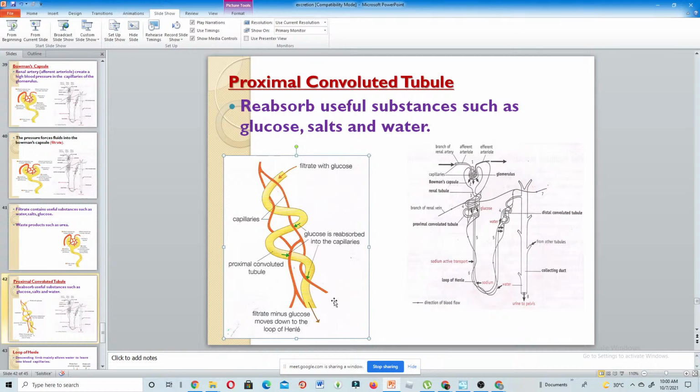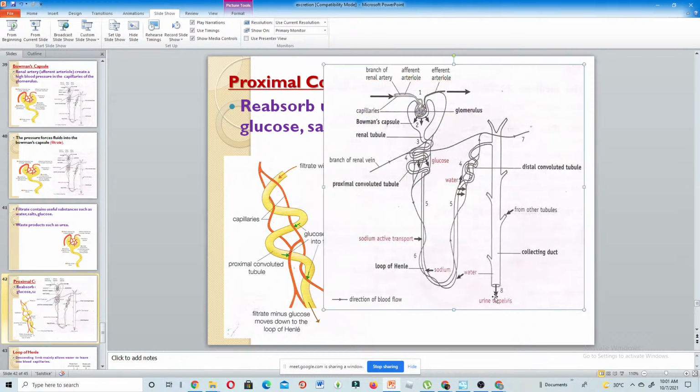The three substances reabsorbed at the proximal convoluted tubule are glucose, salt, and of course water. It is the blood that is reabsorbing it, simply because if the blood doesn't reabsorb these substances, they're all going to pass out as urine.